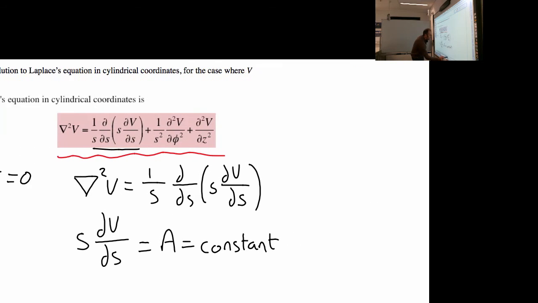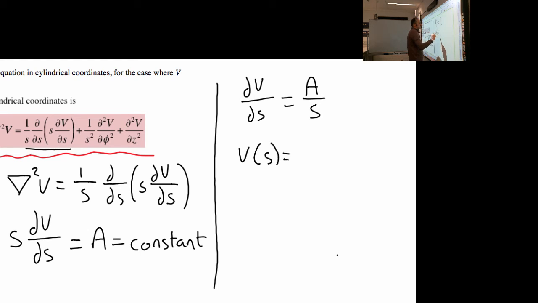Now we can bring that over, and this can be written as dV/ds equal to a divided by s. So this is our first order differential equation, and the general solution is V(s) equal to our constant a times the natural log of s, plus some constant b.